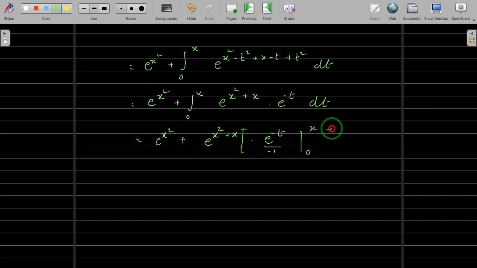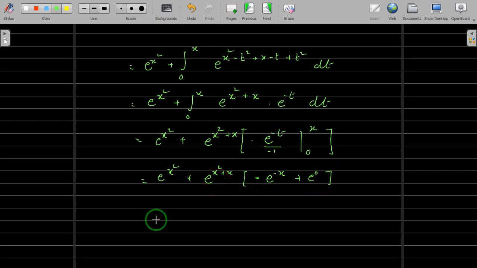This is the value of your integration. Then you put the upper limit minus lower limit, you will get e raised to x square plus x, and this is minus e raised to minus x plus e raised to 0, that is 1.